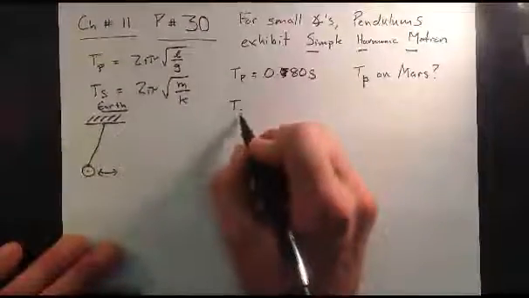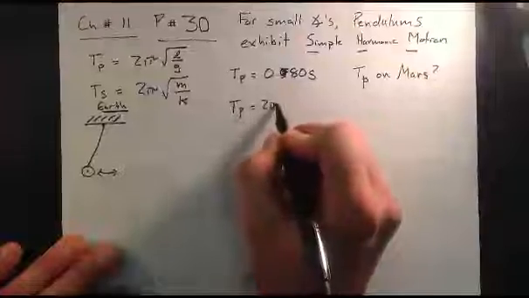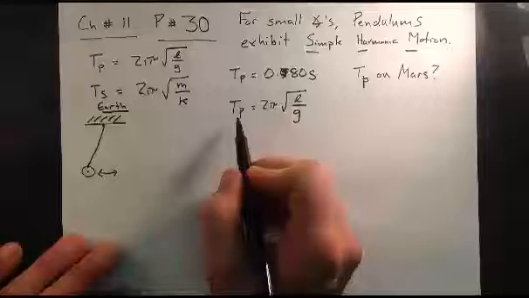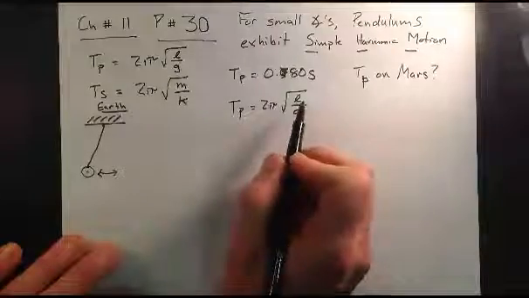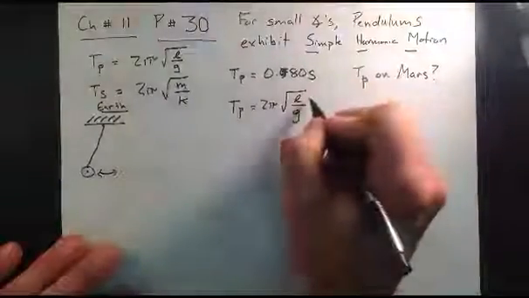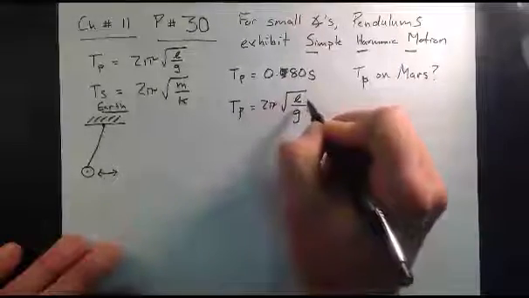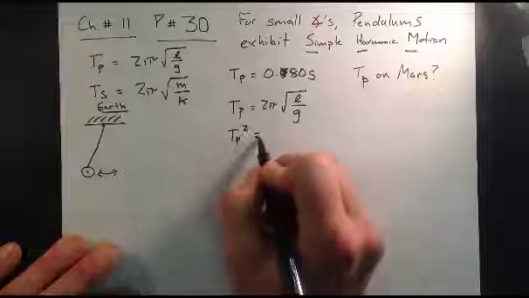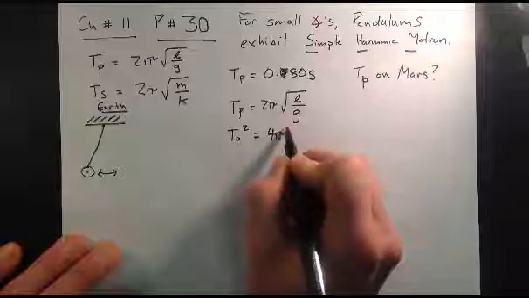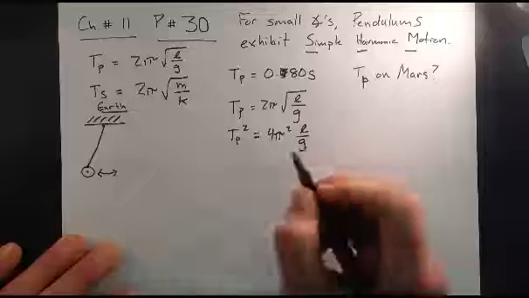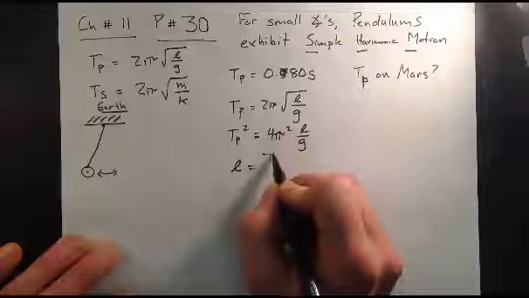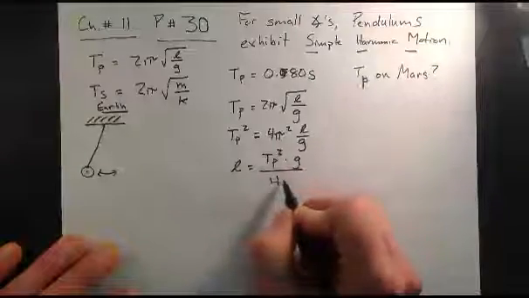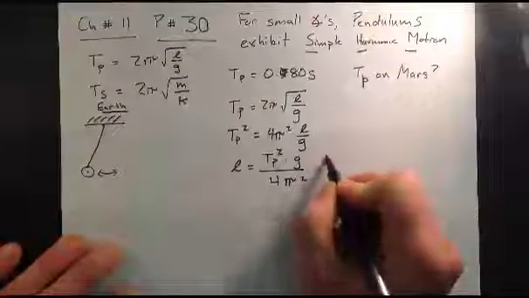Okay, here's the plan here. Why don't we take this equation for Earth, T equals 2 pi square root of L over g, and we should know everything in this problem. We know the period, we know 2, we know pi, we know g. Let's solve this for L, okay? So if we square both sides of the equation and do a little algebra, we'd take the period squared times g divided by 4 pi squared.